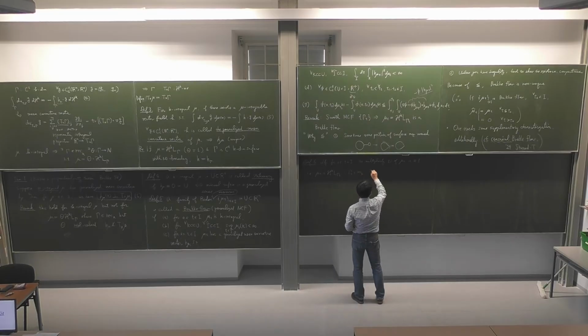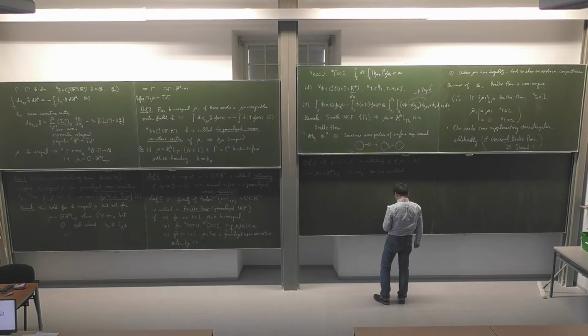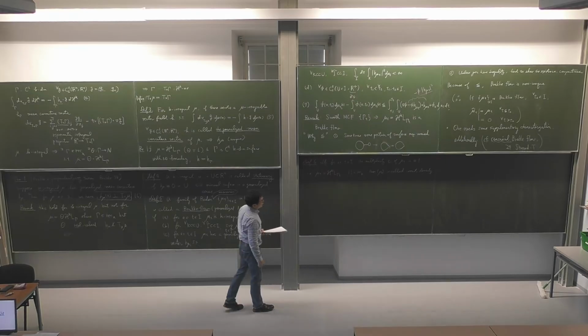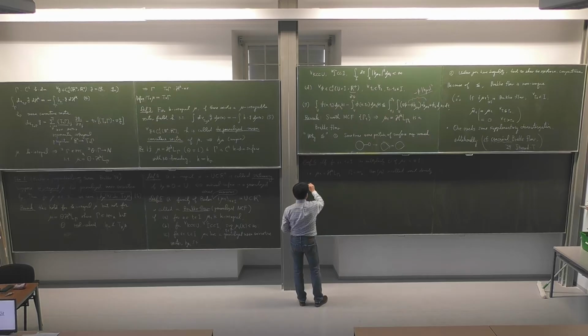Then mu is called unit density. This theta is called multiplicity, but you can also think of it more like a density. So I'll just say unit density Brakke flow.